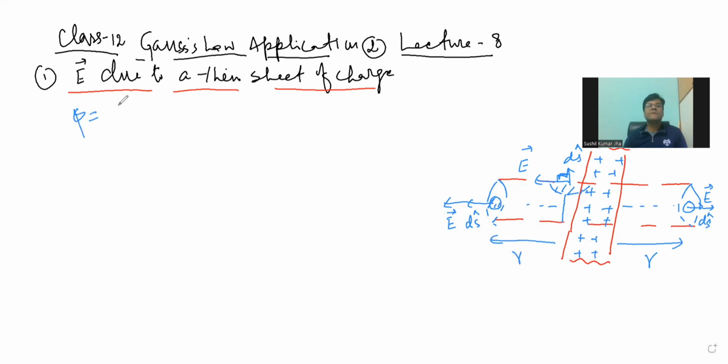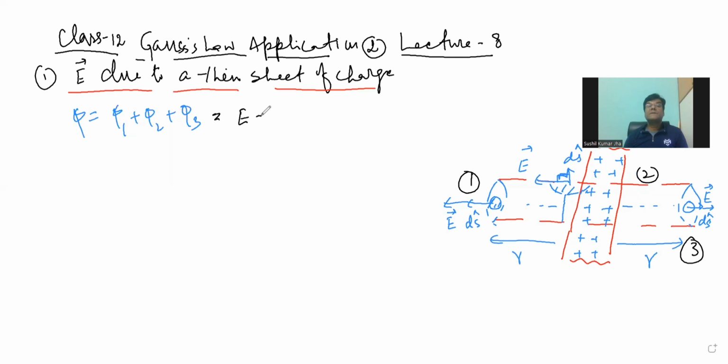So total flux phi is equal to phi1 plus phi2 plus phi3, which means phi1, let's say first surface, this curved surface is second, other one is third surface.